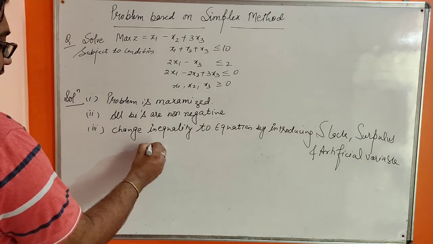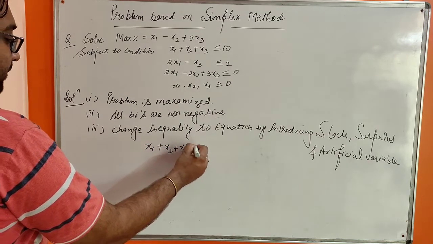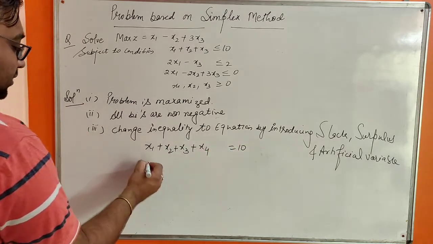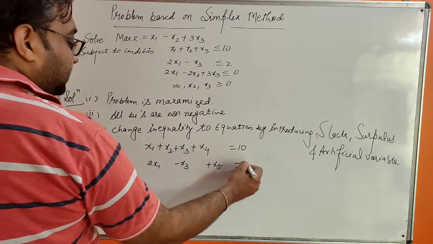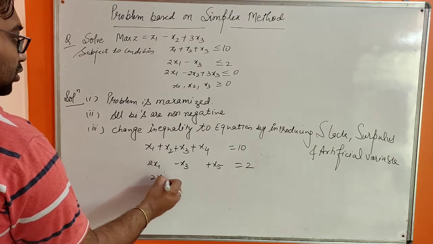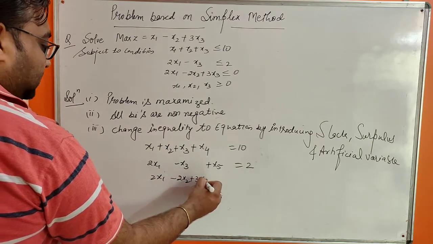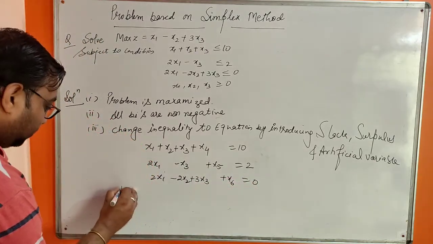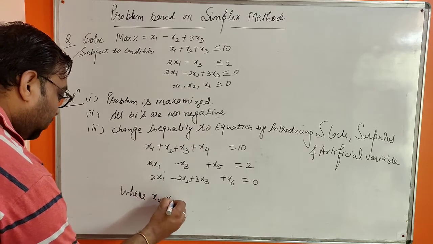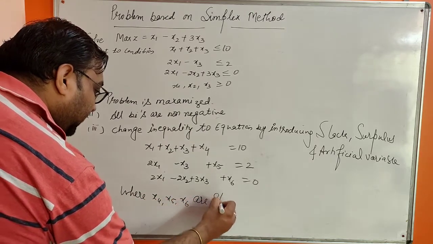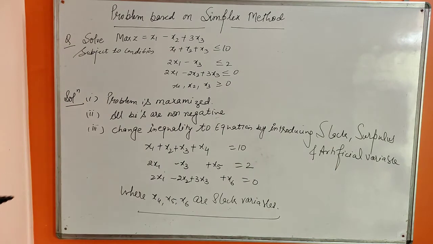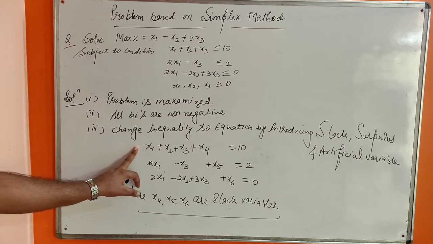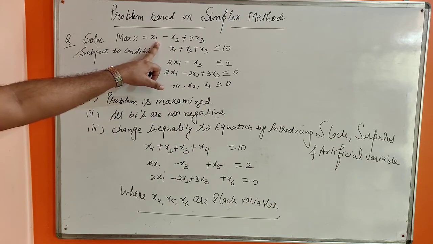That is, the equations will convert into x1 plus x2 plus x3 plus x4 equals 10, 2x1 minus x3 plus x5 equals 2, 2x1 minus 2x2 plus 3x3 plus x6 equals 0, where x4, x5, x6 are slack variables.